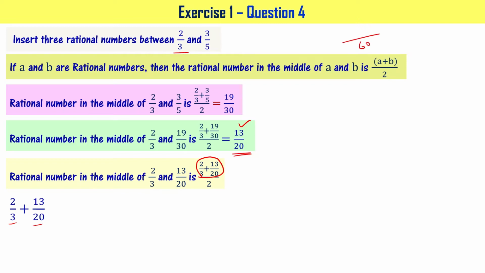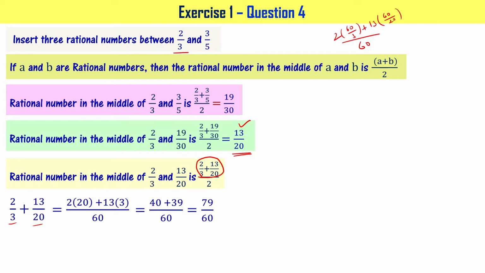right? Now I can write it as 2 times 60 by 3 plus 13 times 60 by 20, right? When you simplify it, it can be written as 2 times 20 plus 13 times 3 divided by 60, right? Further simplify and write it as 40 plus 39 by 60, that is 79 by 60, right?